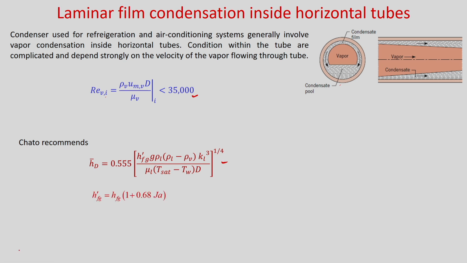And here obviously h prime fg is the modified latent heat, equal to h_fg (1 plus 0.68 times the Jacob number). So, in all this study we assume that it is a laminar flow, but it may become turbulent flow if the length of the vertical plate is more.